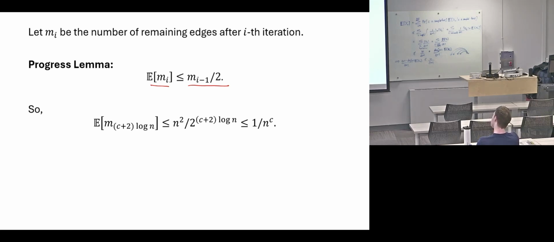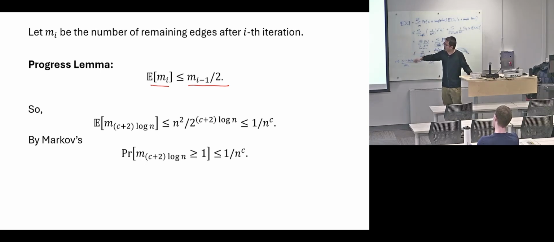And if you choose c to be big enough, then this is just 1 over n to the c. So in expectation, after log n rounds, you expect the number of edges to be much less than 1. And now by Markov, if the expectation is much less than 1, the probability that it's at least 1 is small.